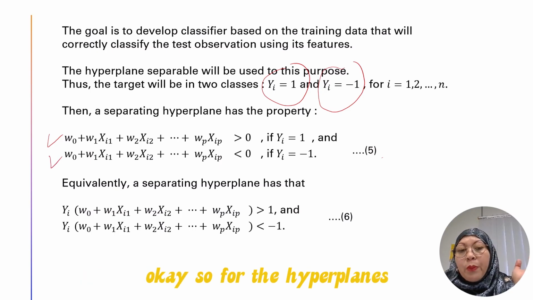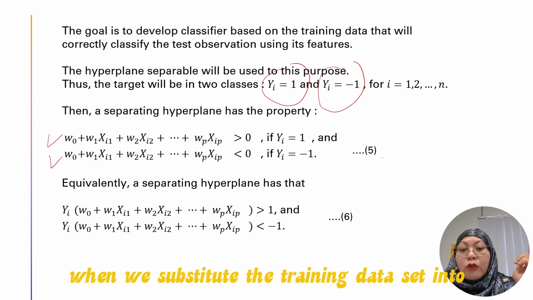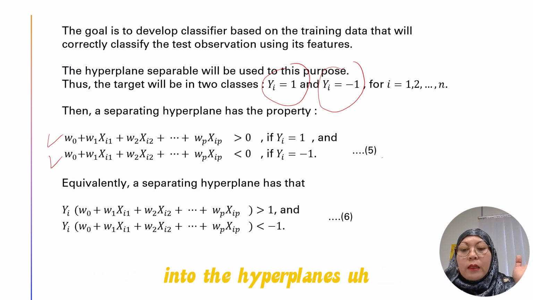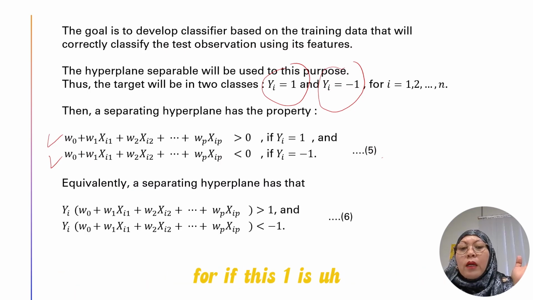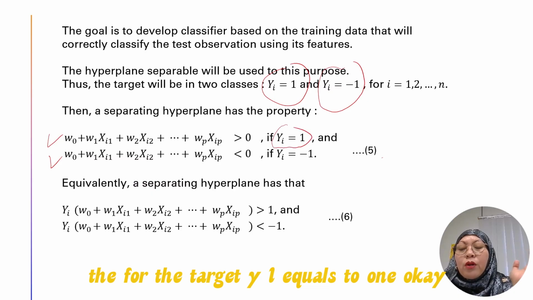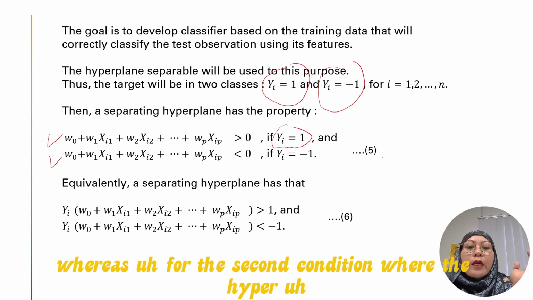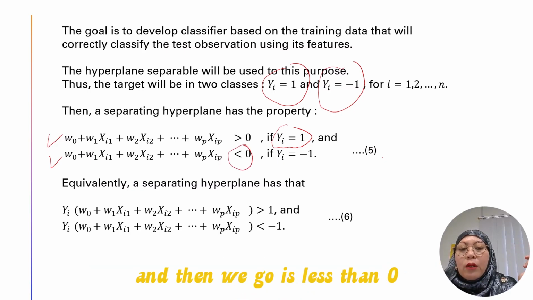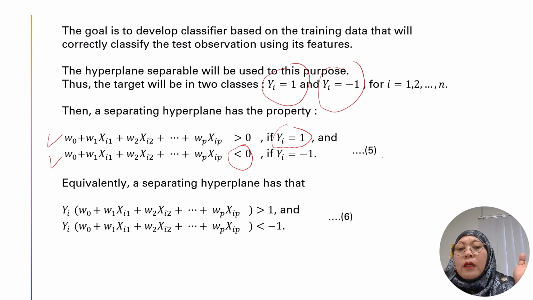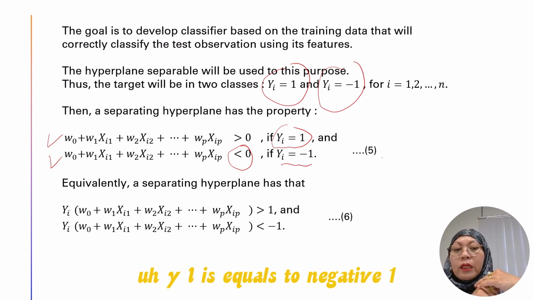So when we substitute the training data set into the hyperplane, we find that it is greater than 0 if the target yi equals 1, whereas for the second condition, when we substitute the data set into the hyperplane we get less than 0, for the target yi equals -1.